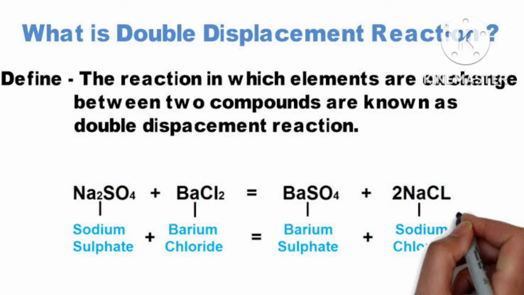Many times this question is asked. Now 2H2O2, when it decomposes, gives 2H2O plus O2. The products are H2O and oxygen gas.